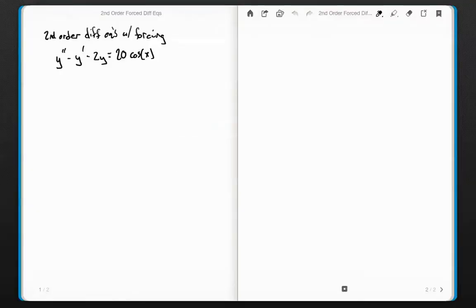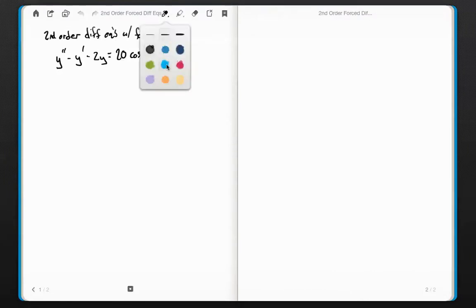So the second order differential equation with forcing. This thing here, I'll underline this here, is called our forcing function. Why is it called forcing?